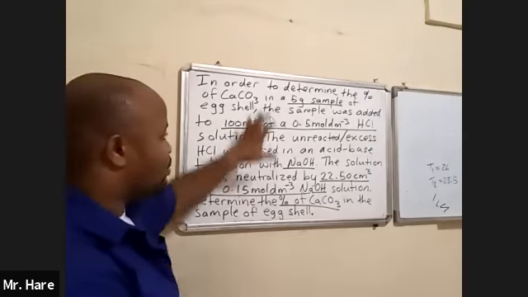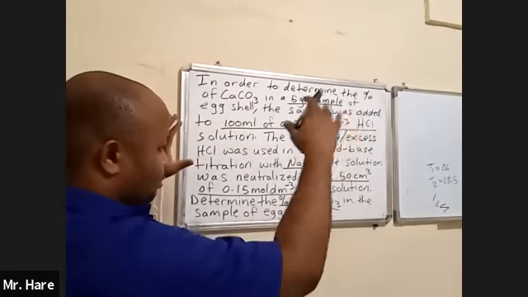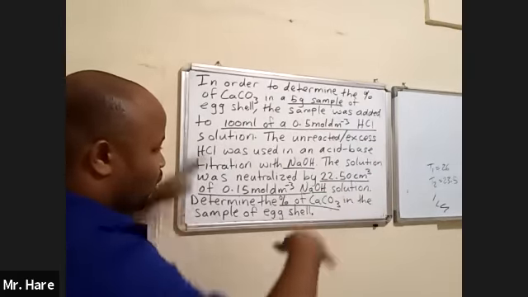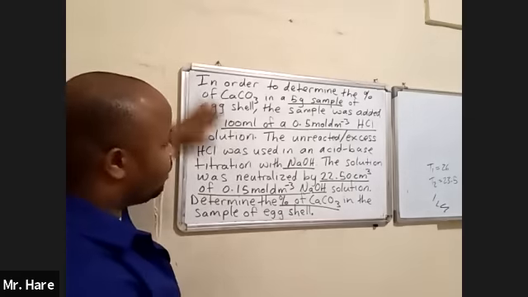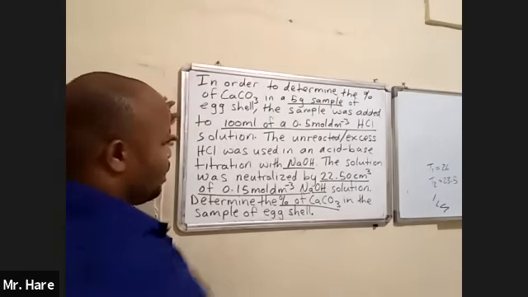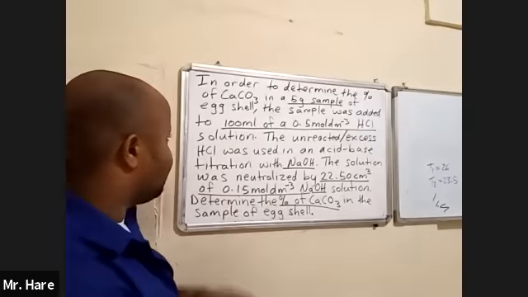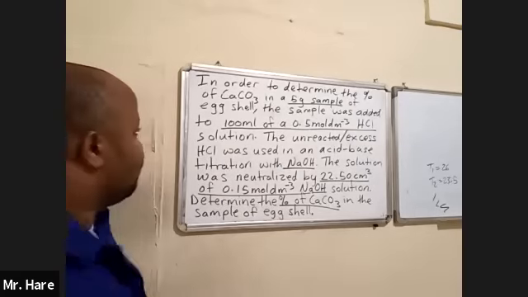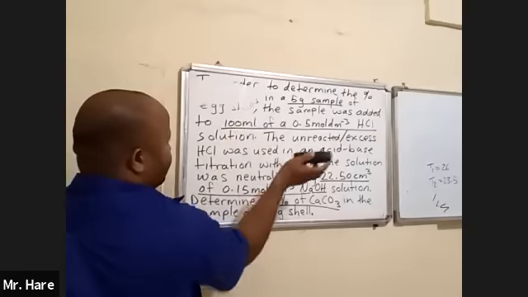We are going to write out this information in 2 separate columns on your page. On one side of the page, you will have the calcium carbonate and the HCl, and on the next side, the information for the titration. Let us deal with the reaction first.